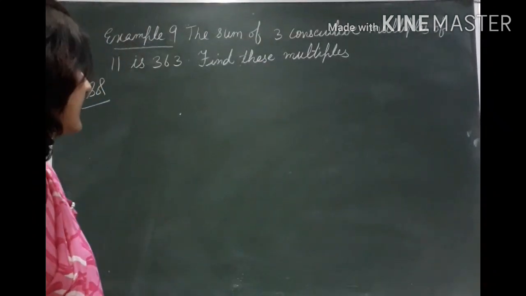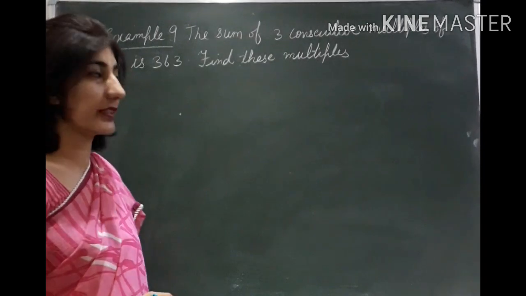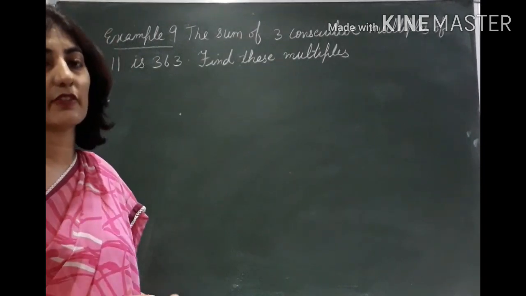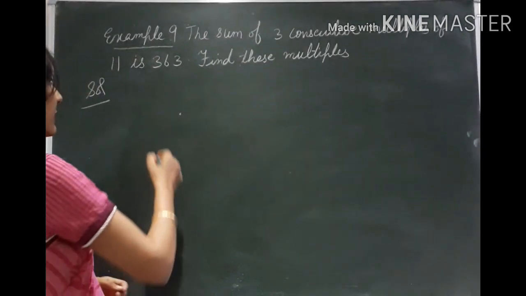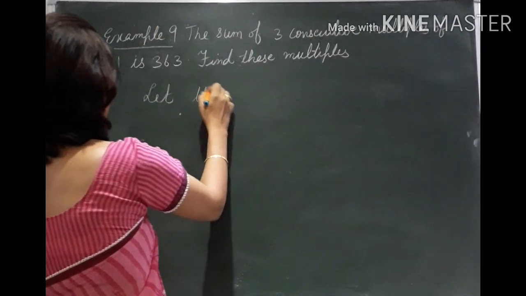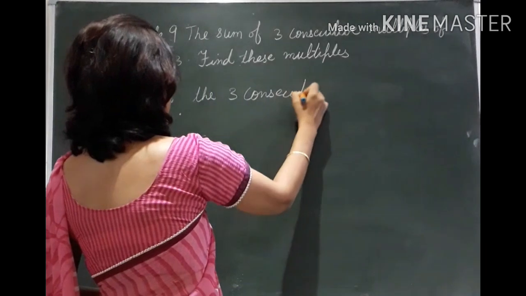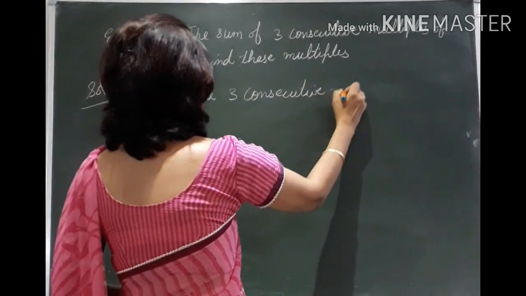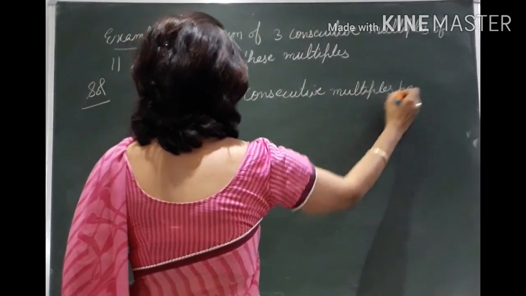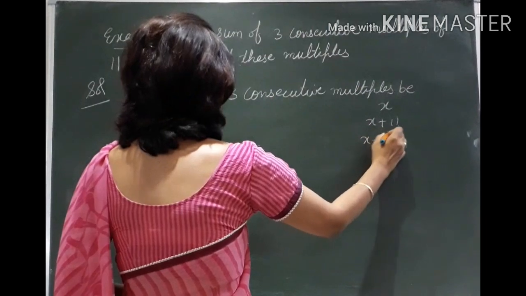Number 9 is the sum of 3 consecutive multiples of 11 is 363. Find these multiples. Consecutive multiples means one after the other. The 3 consecutive multiples of 11. So we have to assume, let the 3 consecutive multiples be x, x plus 11 and x plus 22.